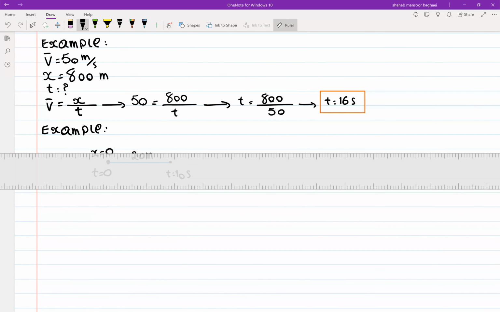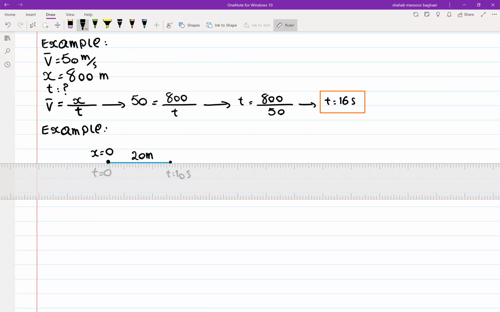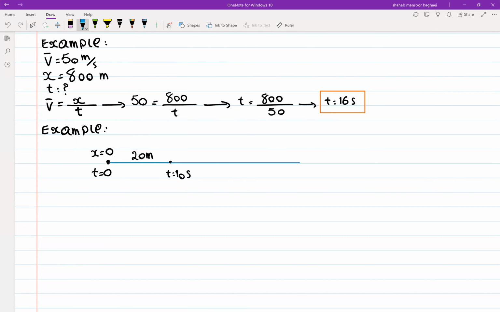The next step, between 10 seconds and 20 seconds. Imagine it is 10 seconds to 20 seconds. The displacement between 10 and 20 is 70 meters.